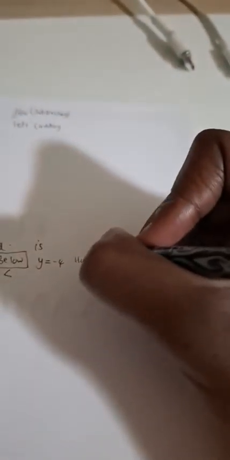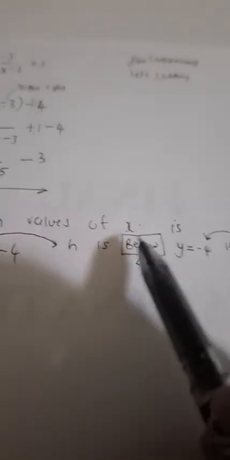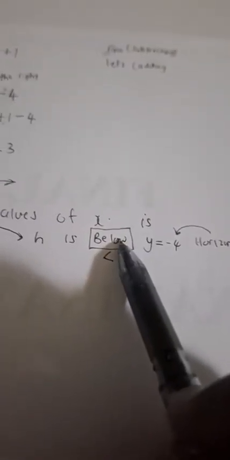Below where? The horizontal line y is equal to negative 4. Where do we find the function h being below the line y is equal to negative 4?